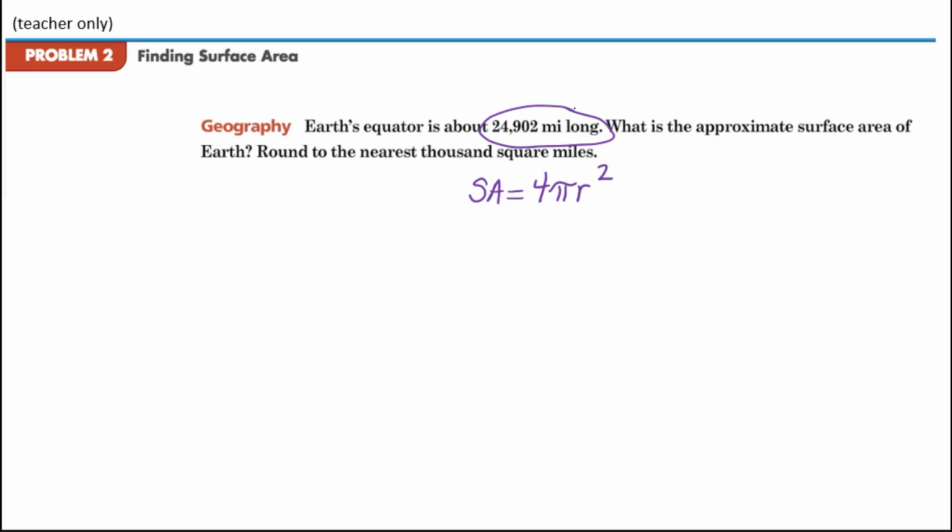We talked about the equator earlier in this lesson. What do we know about the equator? It goes all the way around the Earth at its center. So what measure of a circle do we know that measures all the way around the circle? What do we call it when we're measuring around the circle?